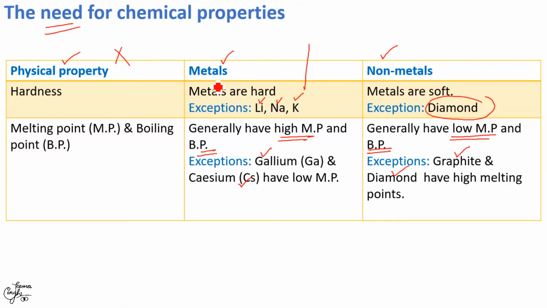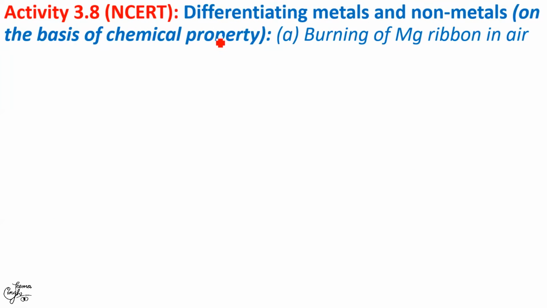Let us undertake an activity to understand how chemical properties help us in identifying or differentiating a metal and a non-metal. I'm sure you are familiar with the first part of the activity, which is burning of a magnesium ribbon in air.